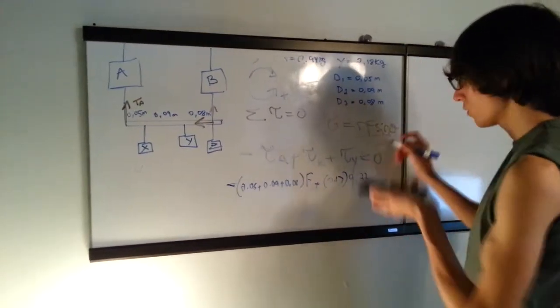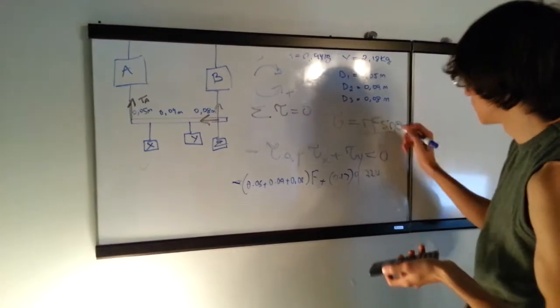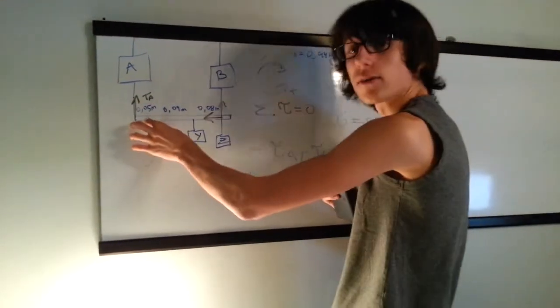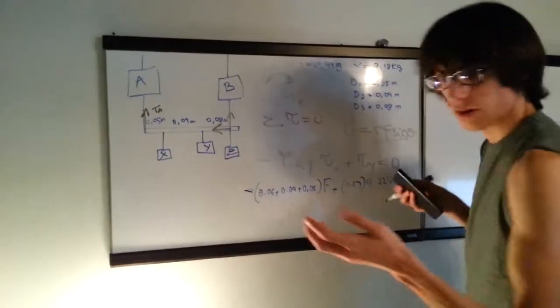And then we multiply that by the sine theta, which is the angle. But in this case, our angle is actually 90. So what's the sine of 90? 1.